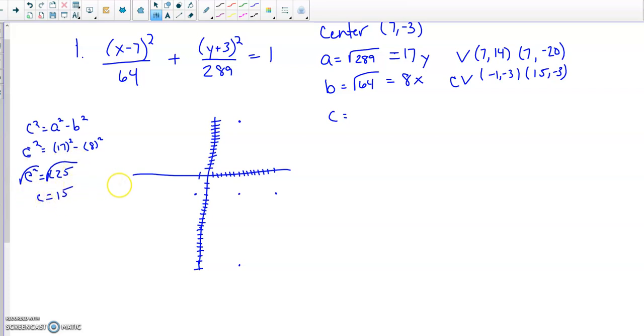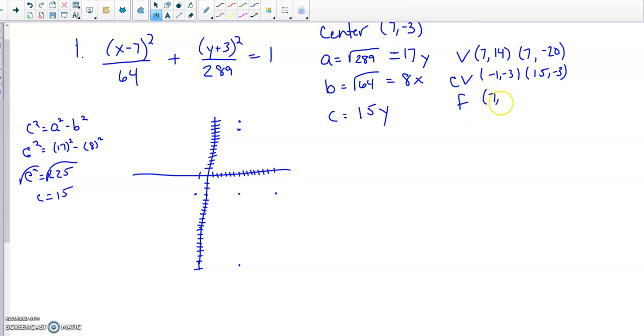And remember, whatever A is, C is, because Miss Petrona likes her AC. So we're going to go up and down 15. 1, 2, 3, up to 15. Okay, I'm going to go ahead with my foci.